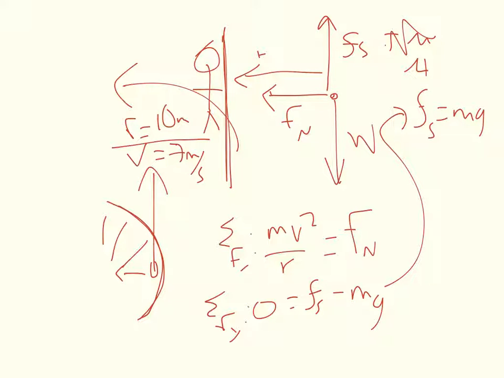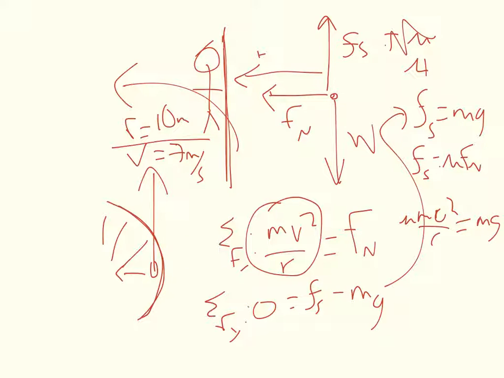So remember, static friction is also equal to mu times the normal force. So in this case, since the normal force is mv squared over r, then we'll say mu times mv squared over r is equal to m times g. Now the m's are going to drop out because they're on both sides.